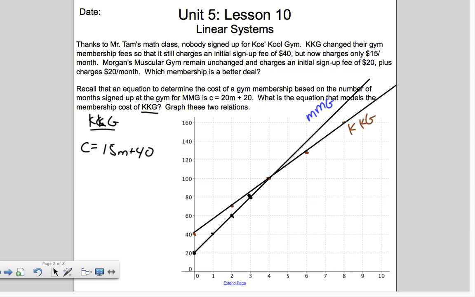Does everybody have those 2 lines? The 2 linear equations? Well, I like your double colored or quadruple colored.